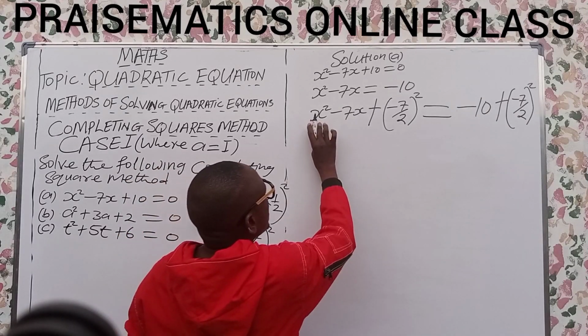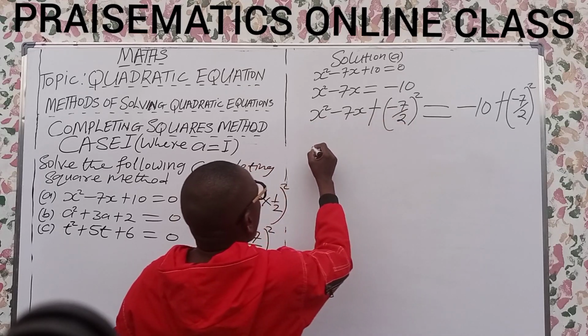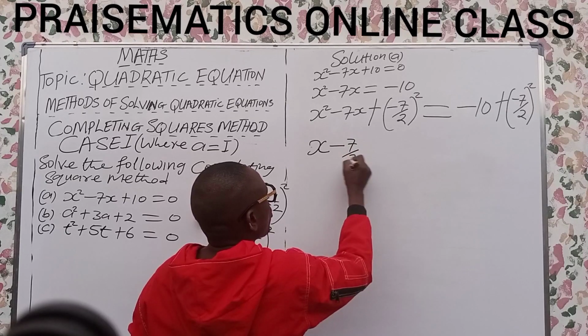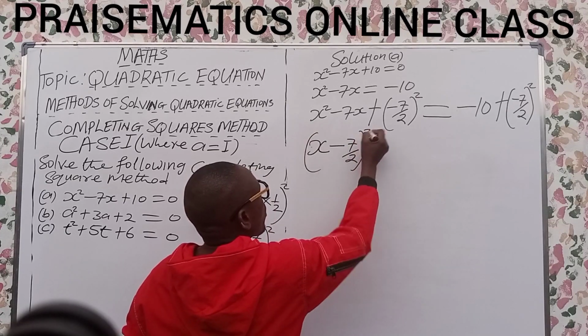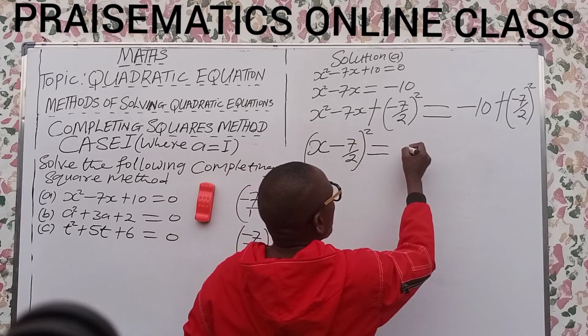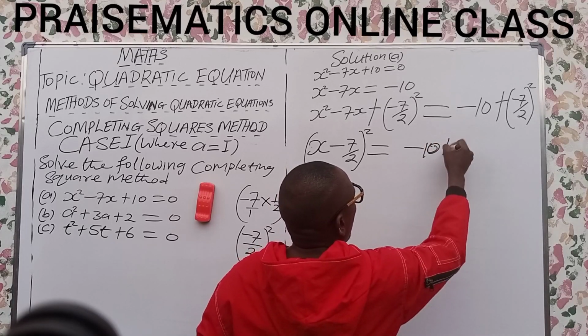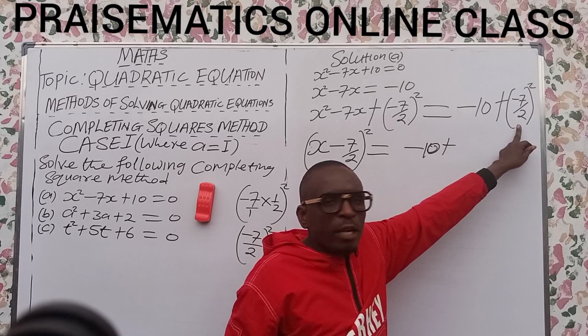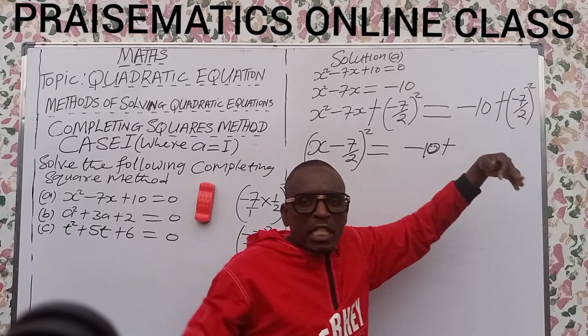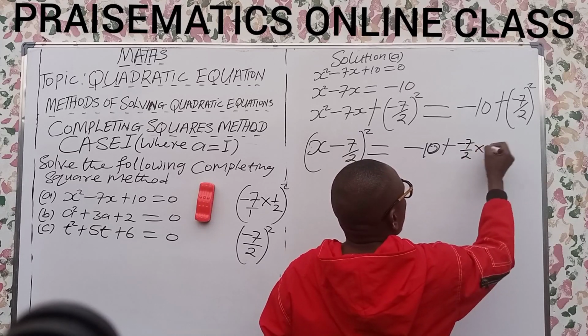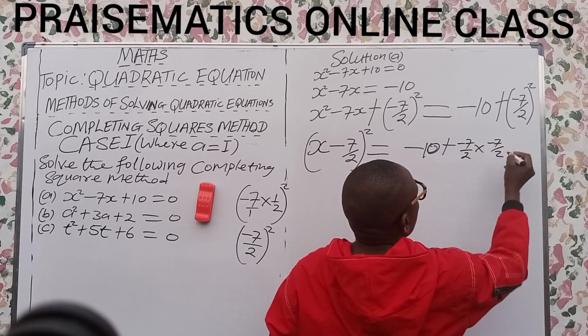Now I have x here and minus 7 over 2. I'll have it as what? x minus 7 over 2 all square is equal to minus 10 plus, you expand the square, meaning minus 7 over 2 multiplied by minus 7 over 2.